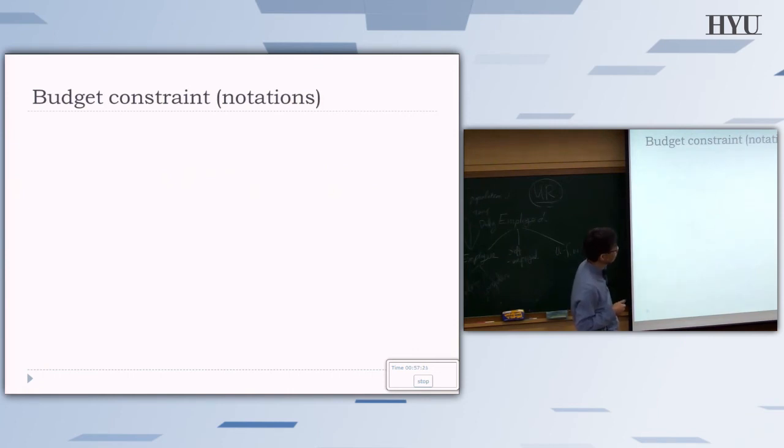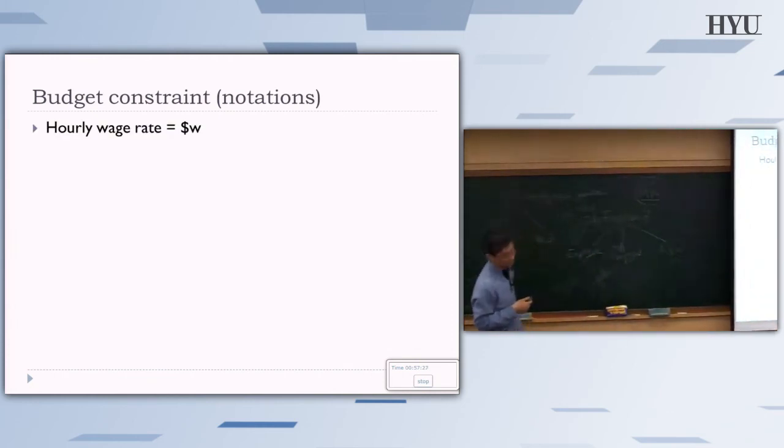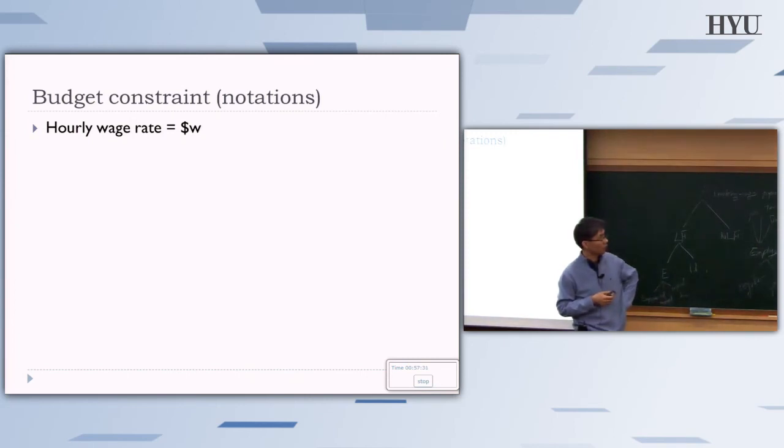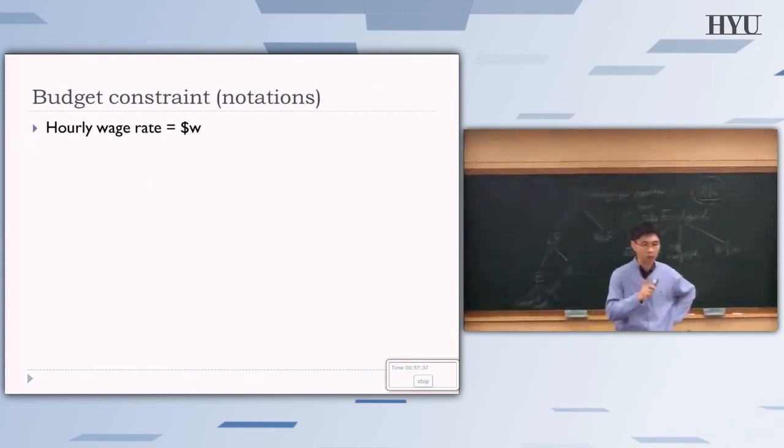Now let's look at the budget constraint. To write the budget constraint down, we have notations: hourly wage rate W. Here we assume that the person is paid hourly, W dollars per hour.